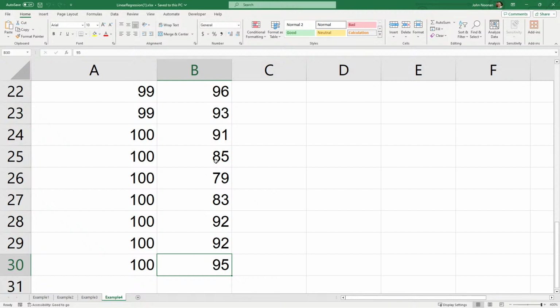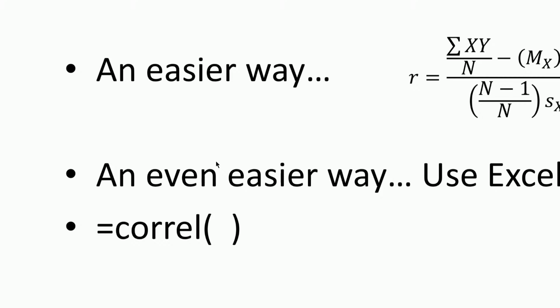In Excel, you use the CORREL function. I'll show you how to do this, and you can try it yourself if you have your computer open. But no big deal if you don't, because this is a quickie, and then we're going to move on to the next thing.